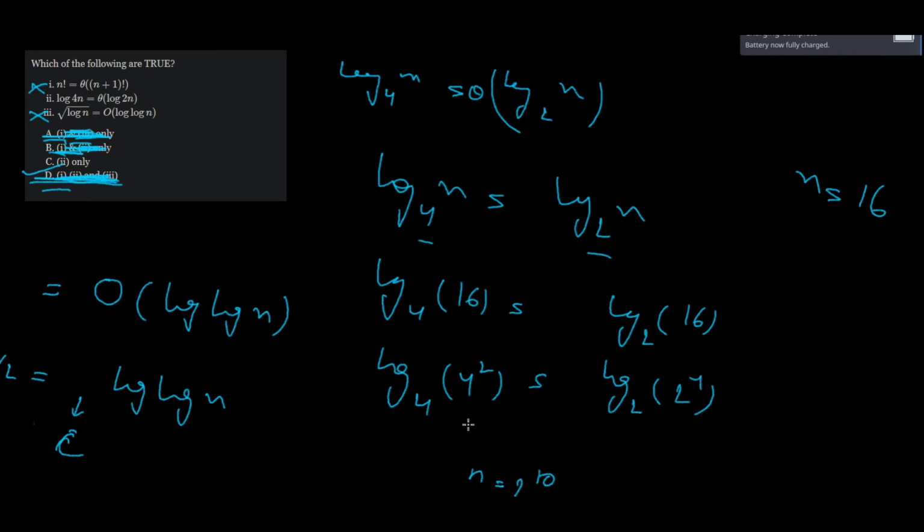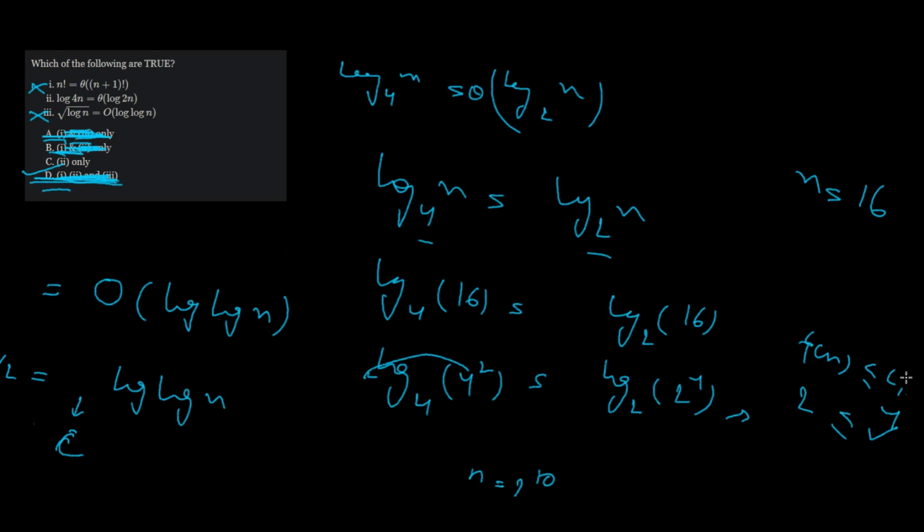It will be 2 from here and 4 from here. So it is definitely bigger on this side. So f(n) less than or equal to c1 dot g(n) is right.